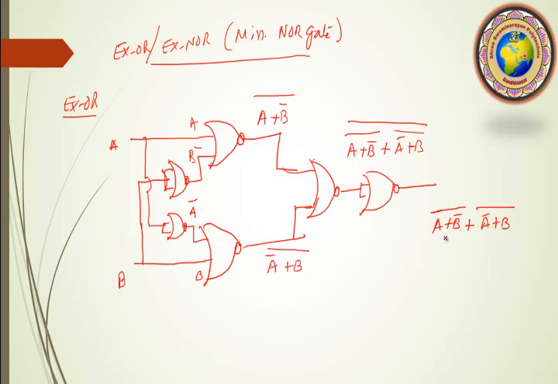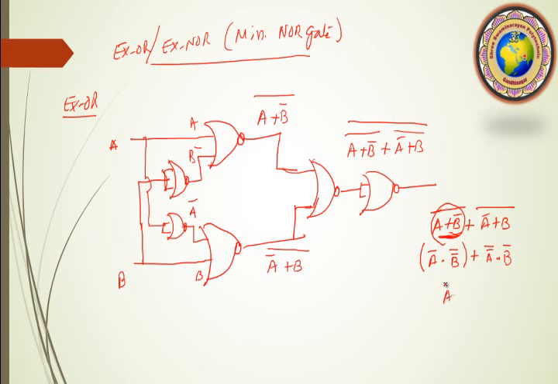So what happened? I receive A plus B bar whole bar plus A bar plus B whole bar. Okay, by using De Morgan's law here, what happened? Plus becomes dot product, so I receive A bar dot B bar whole bar. This is the dot product using De Morgan's law. Here with De Morgan's law I take A bar bar dot B bar, so bar bar will be cancelled out.